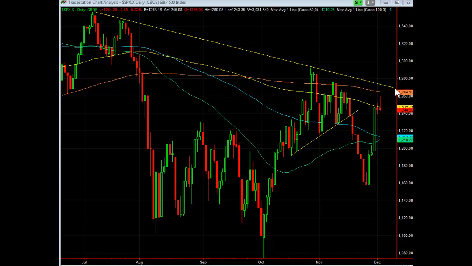You're going to get a lot of resistance here at the 200-day moving average, which comes in about 1264. We had this huge move up this past week. The markets are giving back a little bit, taking a breather, but the daily trend, or the medium-term trend, is up.